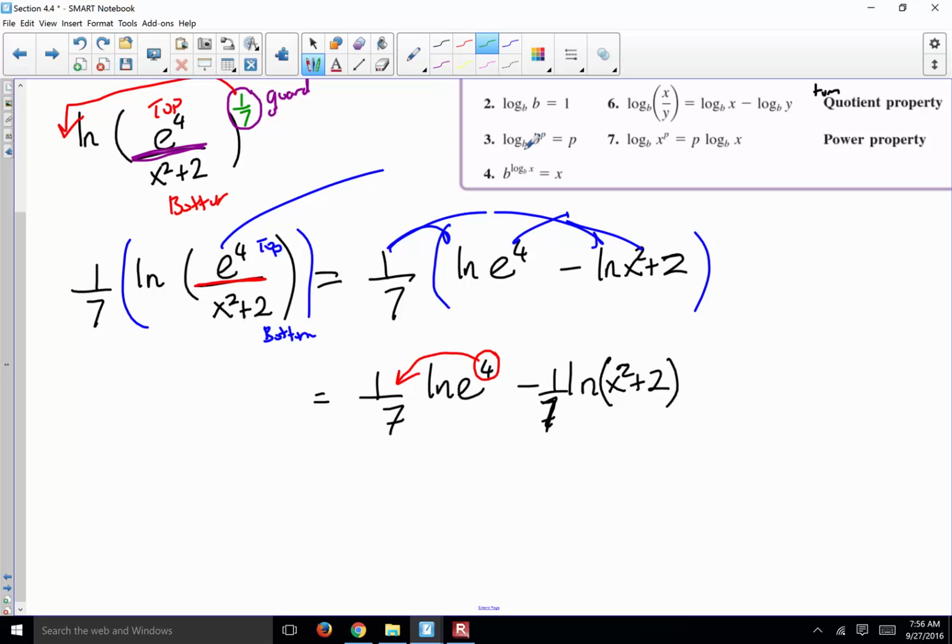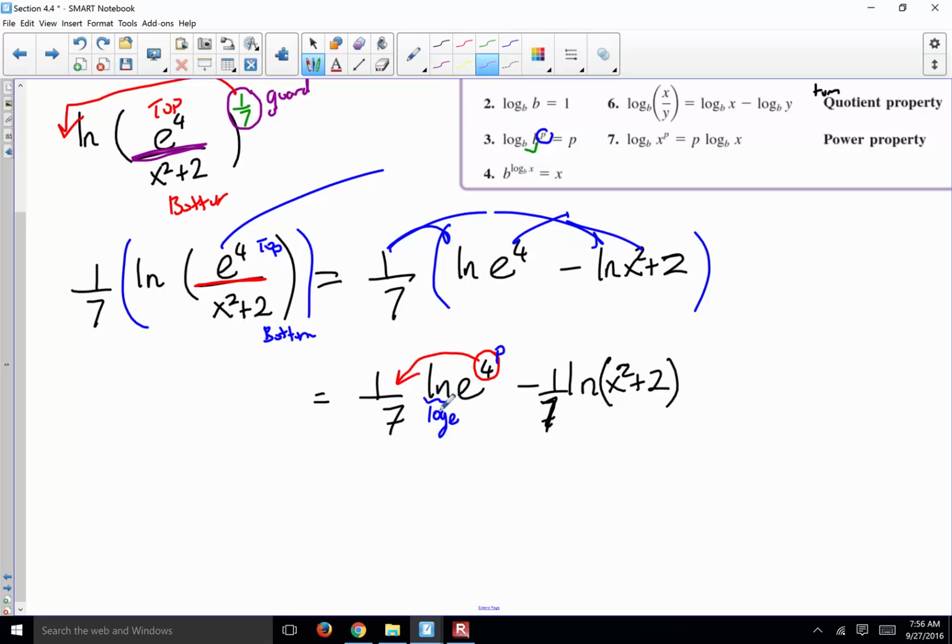Number 3, look, it says if these 2 match and there is a power around the number, isn't this logarithm, ln is logarithm base e, logarithm base e of e to the 4, b to the p, p is 4. Log base b of b to the p is p, right?